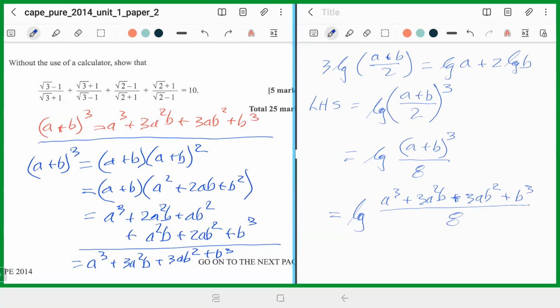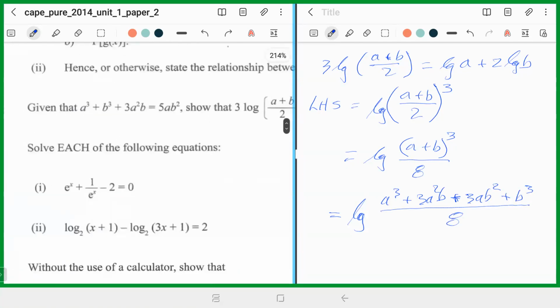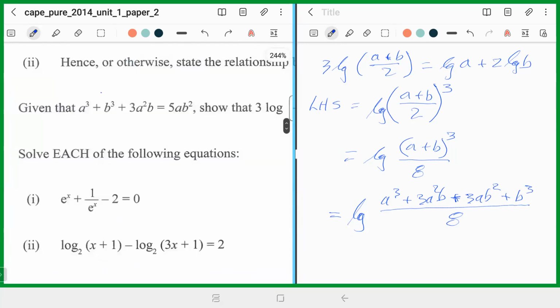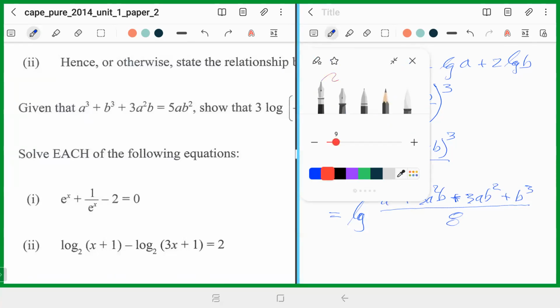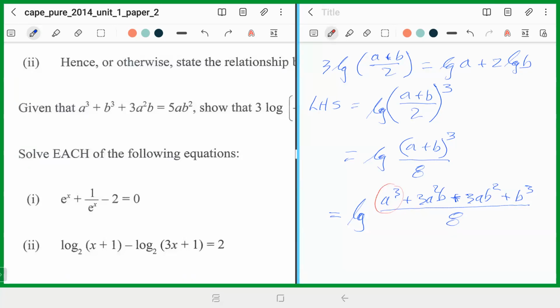What if someone must use something else again? They were telling us that a cubed plus b cubed plus 3ab squared is equal to 5ab squared. Watch this. What the question really said is that this and this, 3a squared b and the one here, them three they equal 5ab squared. See that? That's what the question is really saying.